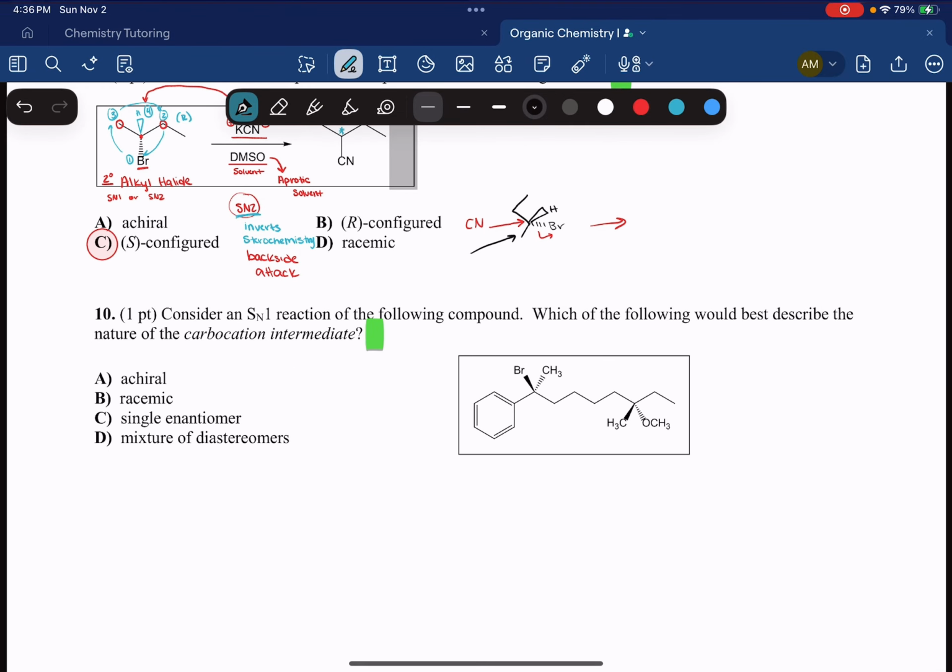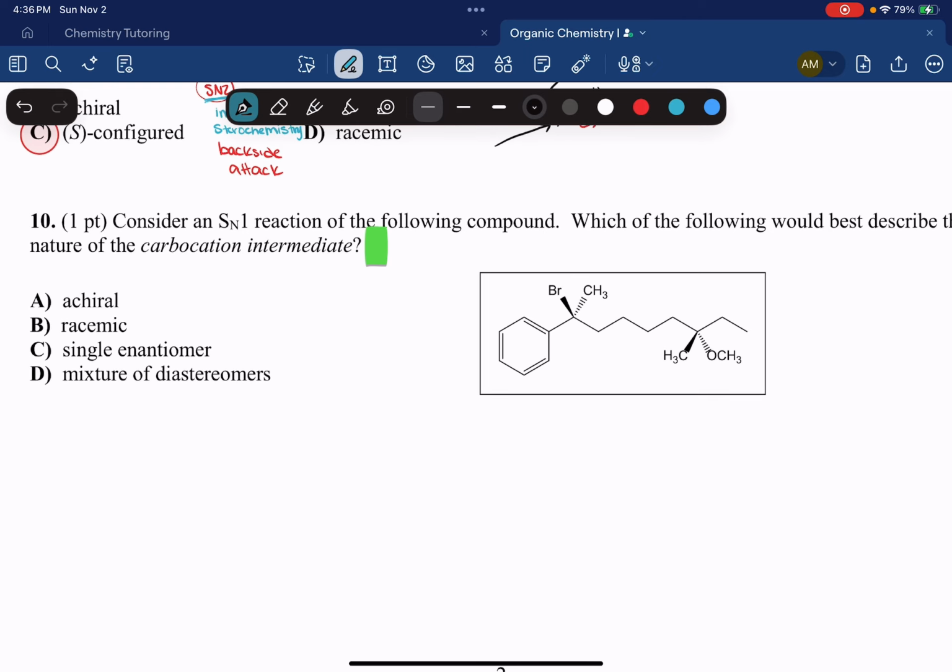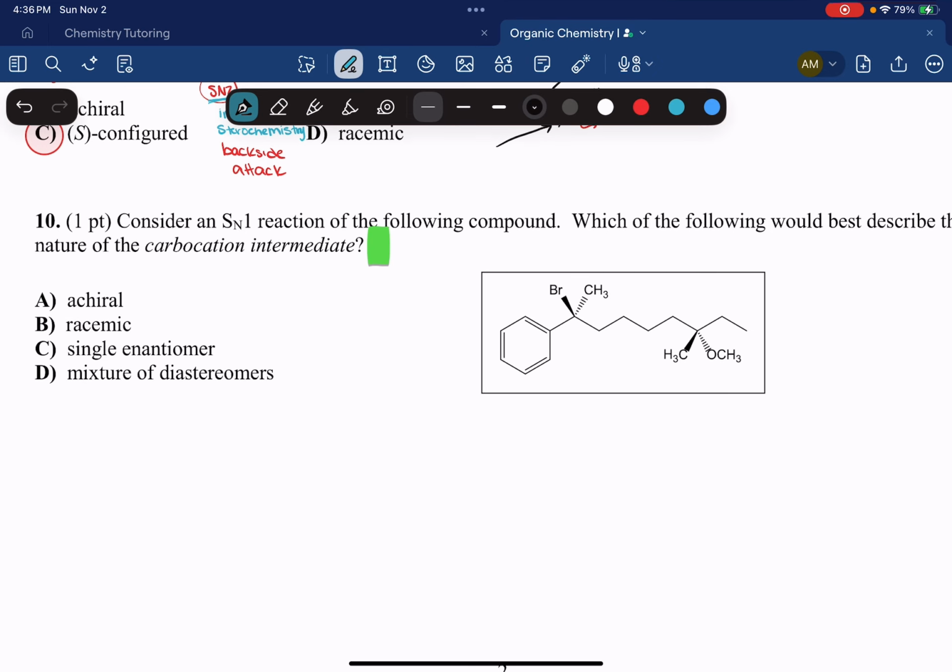Okay. So the carbocation intermediate. I'm trying to remember. Well, let's just draw it. Okay. So we know that the bromine is going to leave, right? That's the first step. So then we're left with this.